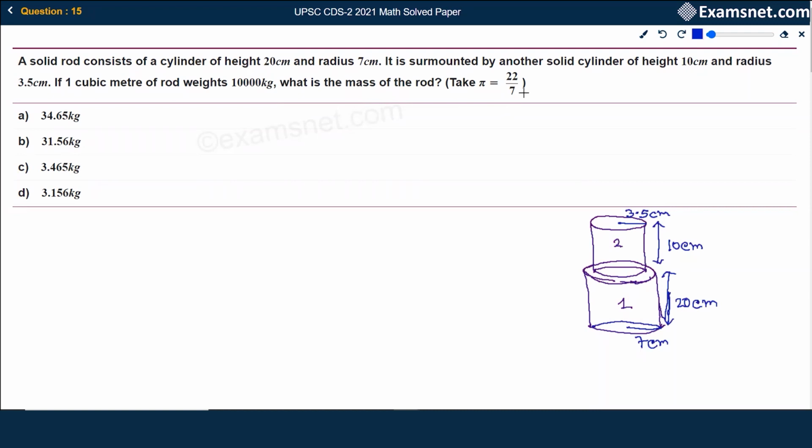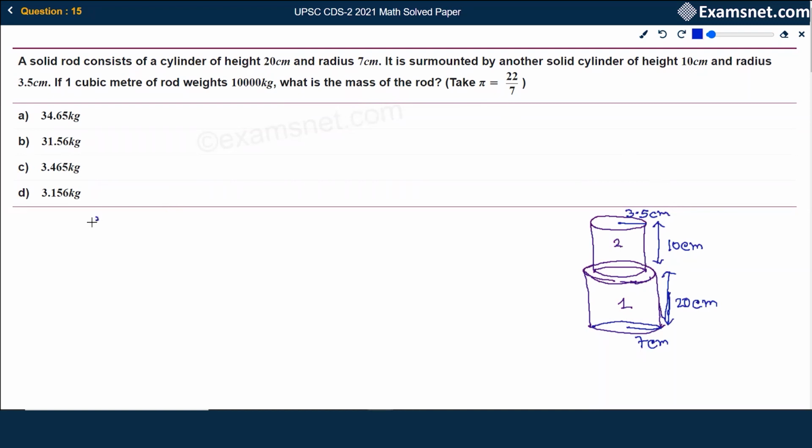Look, I have already drawn the figure. There is one big cylinder and one small cylinder, one surmounted on another. So let's name the bigger cylinder 1 and the smaller cylinder 2.